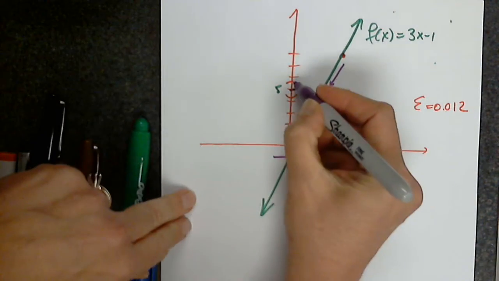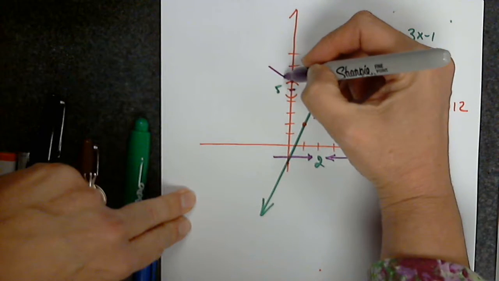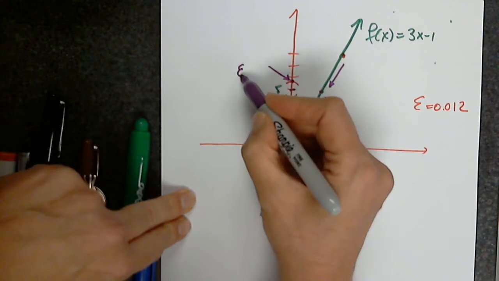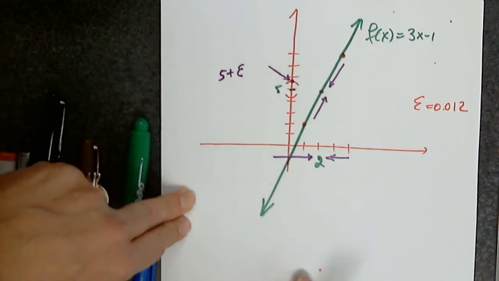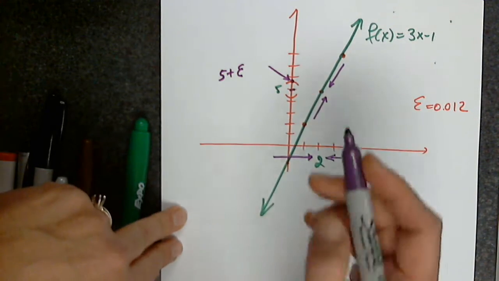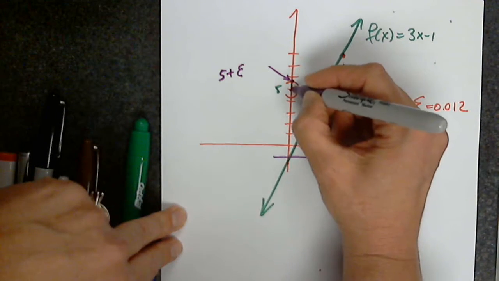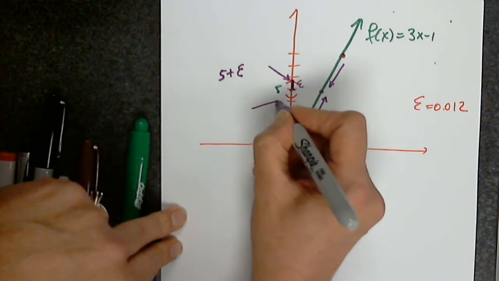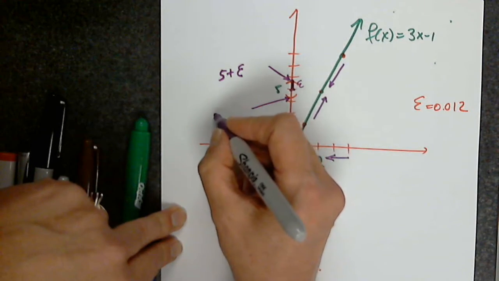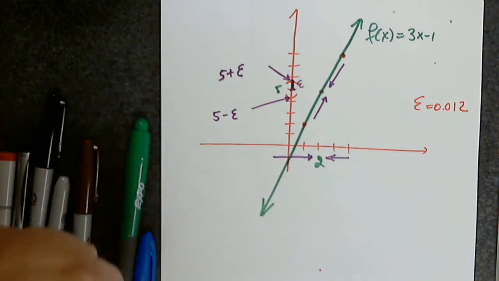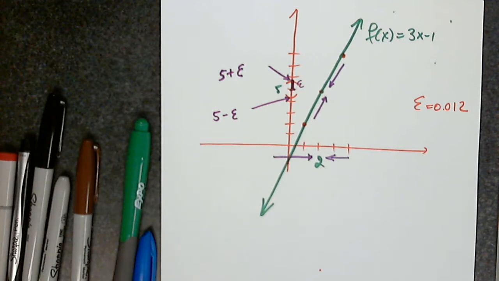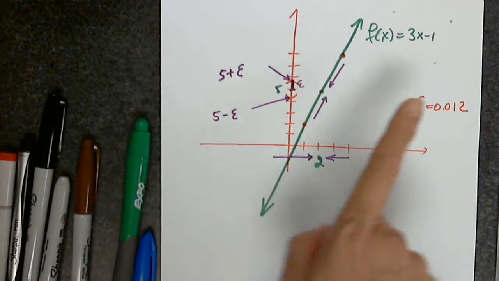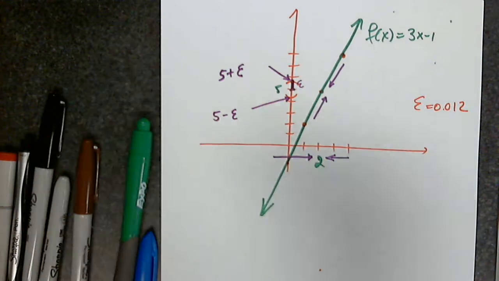And you know that this particular point then must be 5 plus epsilon. Would you agree? It's a symmetric interval, and this is epsilon. And this point here is definitely 5 minus epsilon. So with a given width, I created an interval around 5. Do you agree? Is it clear?